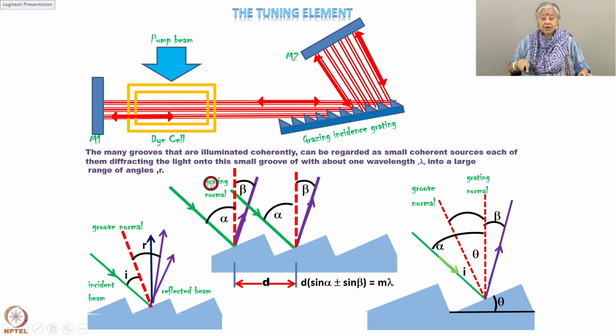Now, how these gratings will have to be placed, sometimes even two gratings are used, depends on the grating rulings, depends on the type of grating, depends on the understanding of the grating element itself.